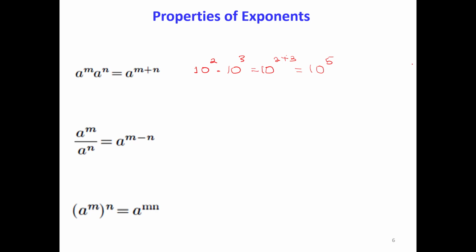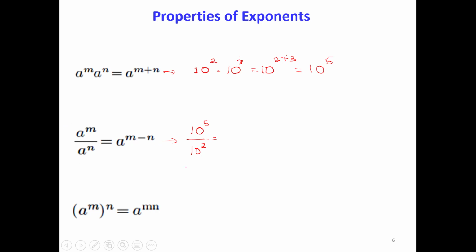Let's try number 2, the division of powers. Let's write this one a little better here. Now we have the division. Let's write one example. We had 10 to the fifth power divided by 10 to the second power, and one important thing is we can apply this rule only if we have the same base.